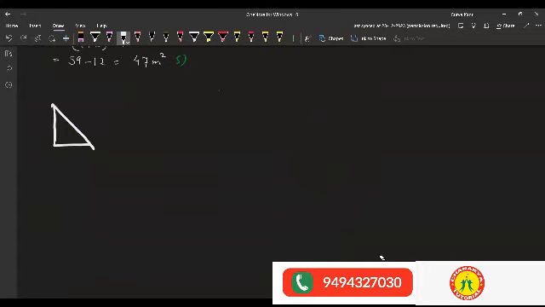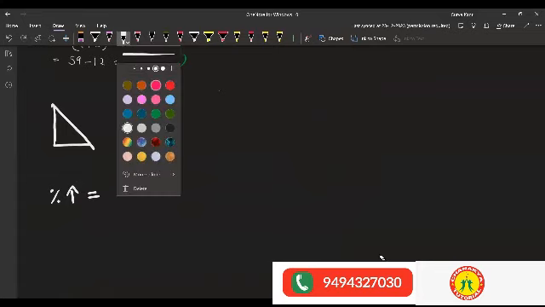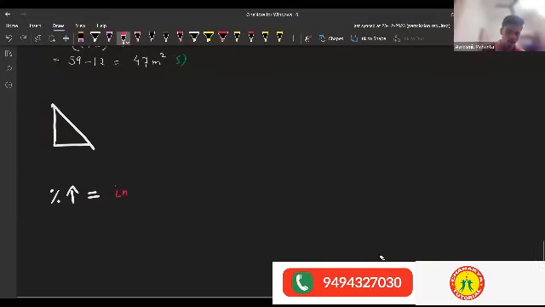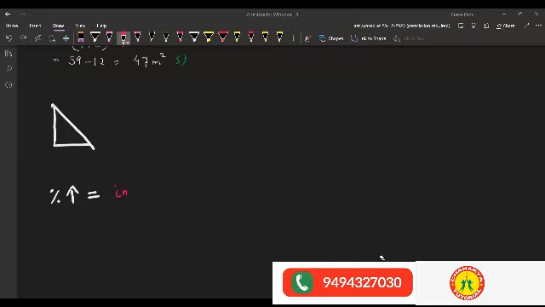Whenever finding percent increase, can anyone tell me what the formula is? Percentage increase: the difference between two values, divided by the original value, into 100. Percentage increase formula, can you tell me?